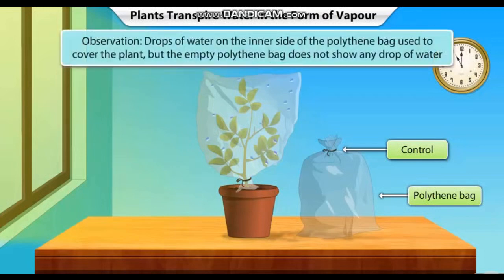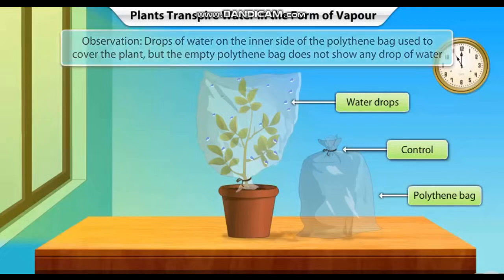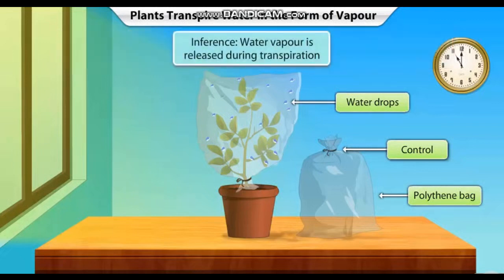After 1 or 2 hours, drops of water are observed on the inner side of the polythene bag used to cover the plant. But the empty polythene bag does not show any drop of water. The water drops on the polythene bag appeared due to the saturation of water vapor released by the plant during transpiration.